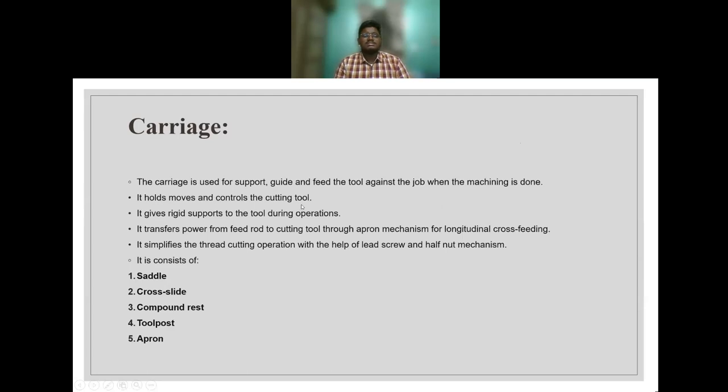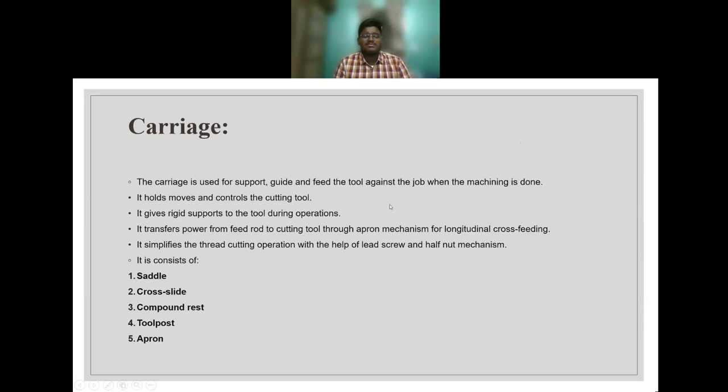The carriage is the most important part. The carriage is used for supporting and guiding the tool for the job. When machining is done, it holds, moves and controls the cutting tool. The carriage is the middle part. It moves along the guided ways, forward or backward, using the hand wheel. It gives rigid support to the tool during operation.